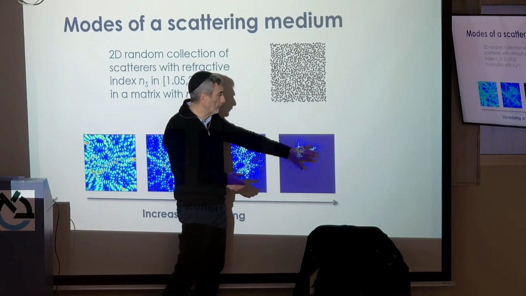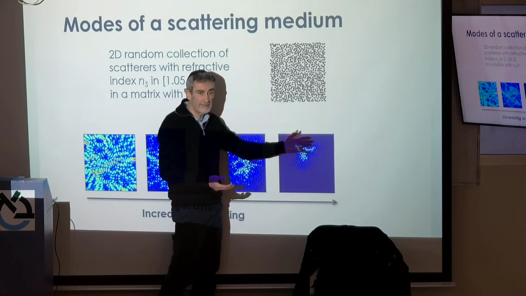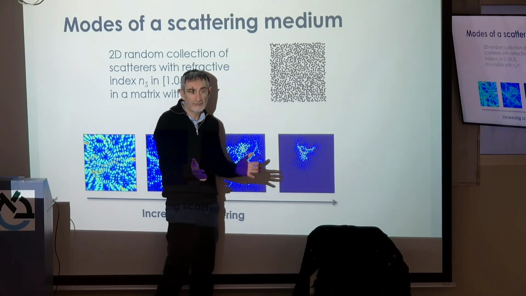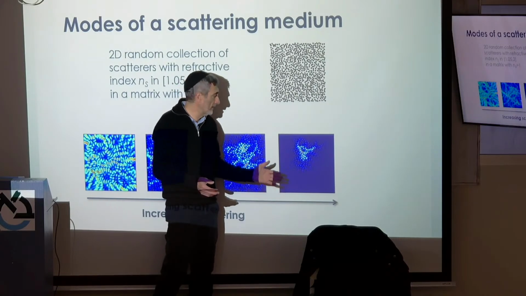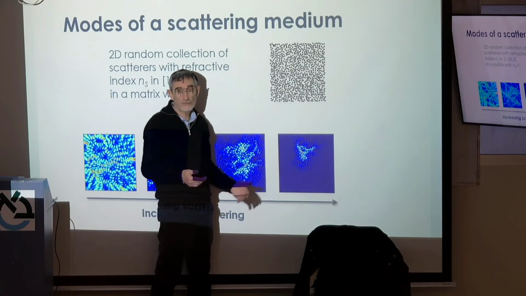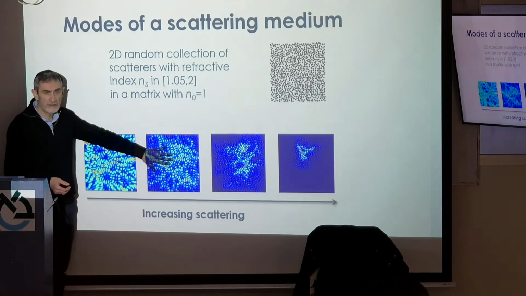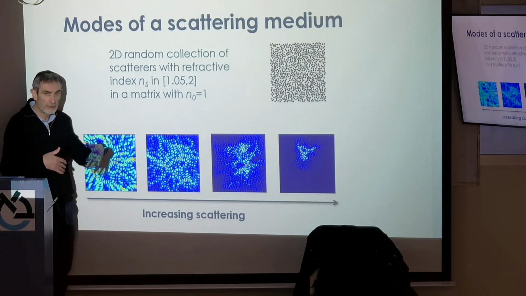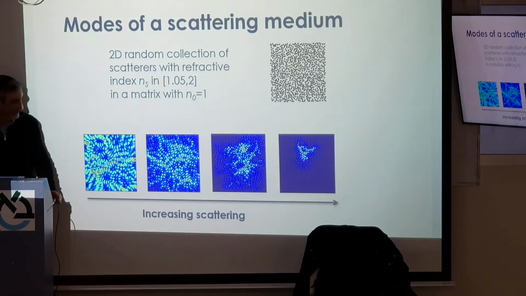When you have localization of light, you can imagine that this is like having a closed cavity. The scattering medium plays the same role as a closed cavity, and you have a confined mode that should lase when you put gain inside the system. It's less obvious here because the modes are extended. They will leak out of the system, but we'll see that you can get lasing.